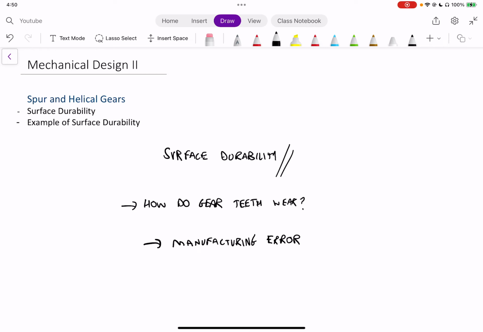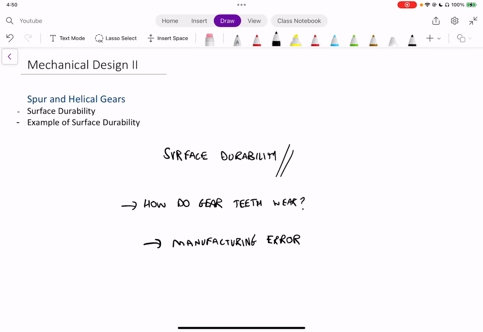In the real world, manufacturing error happens all the time, and it can really cause a system to fail. That's the case also with gear teeth and their wear. If there's only a slight deformation on the gear tooth, we can have catastrophic failure from that.